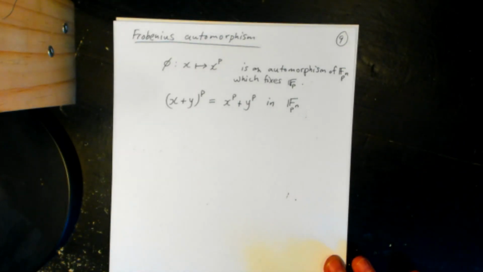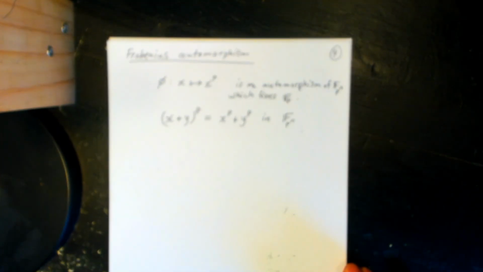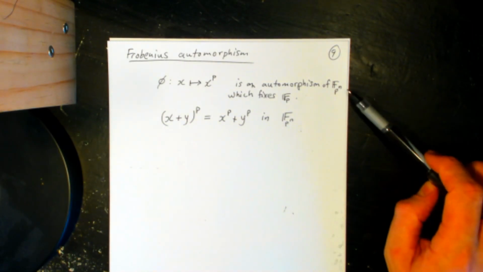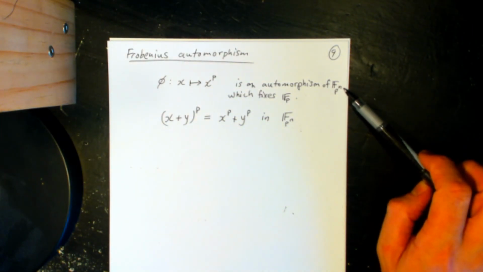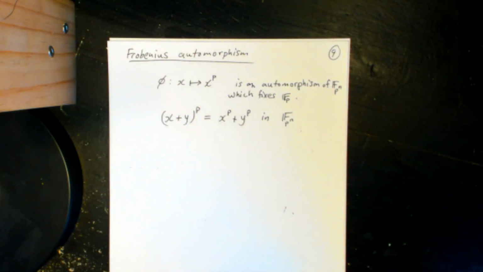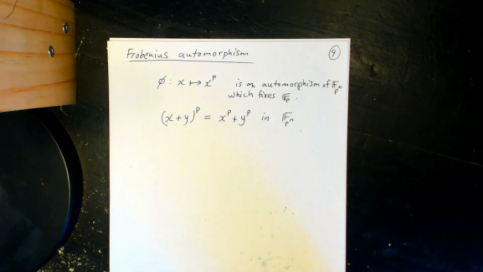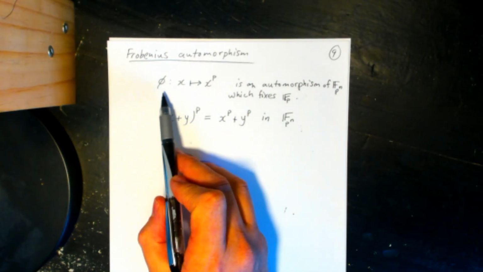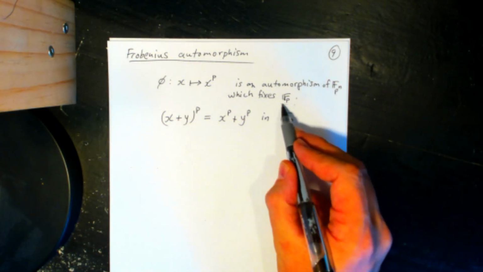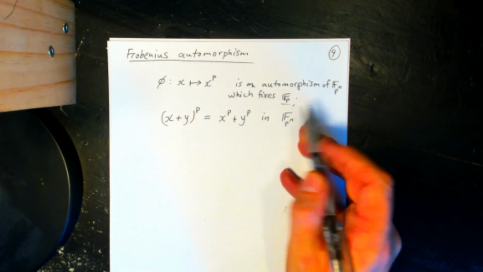Okay, and so briefly, I'll talk about the so-called Frobenius automorphism. So it's an automorphism of the finite field with p to the power of n elements. And here think of n as a natural number greater than 1. Okay, and the map here in the automorphism sends x to the power of p, but it's going to leave Fp fixed.